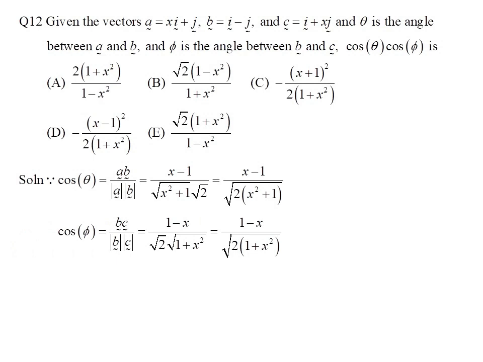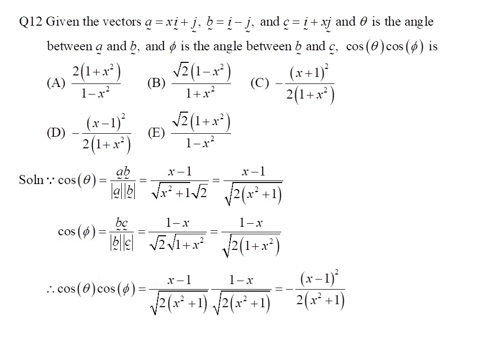Similarly, cosine phi equals (1 minus x) over the square root of 2 times (1 plus x squared). Hence, cosine theta cosine phi equals negative (x minus 1) squared over 2 times (x squared plus 1). Therefore, the answer for question 12 is D.